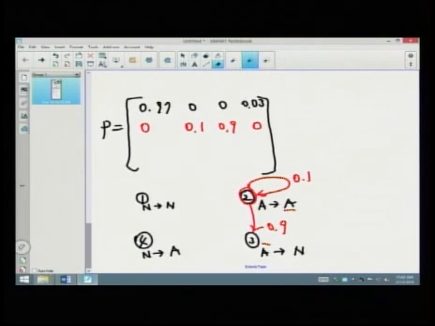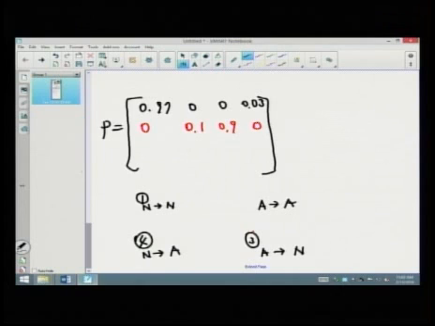Okay. Let me just use the same diagram. So we have state number 2.